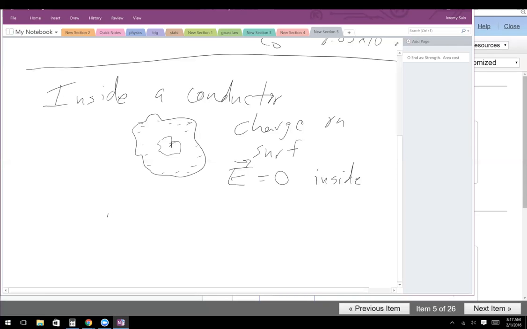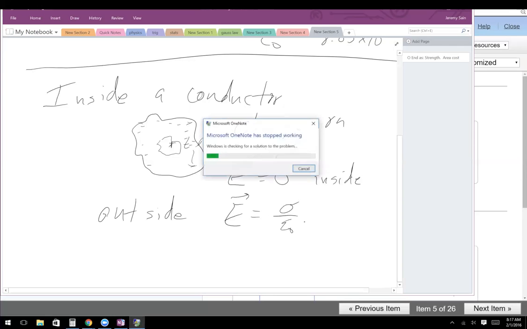Okay. Outside, this is the only one I would want to do. Basically, you do it the same way you do the parallel plate capacitor one. Since I know the electric field is 0 on the inside, on the outside it's basically like half of that parallel plate capacitor drawing. So just barely outside, E is sigma over epsilon naught. Whoa, and it stopped working.